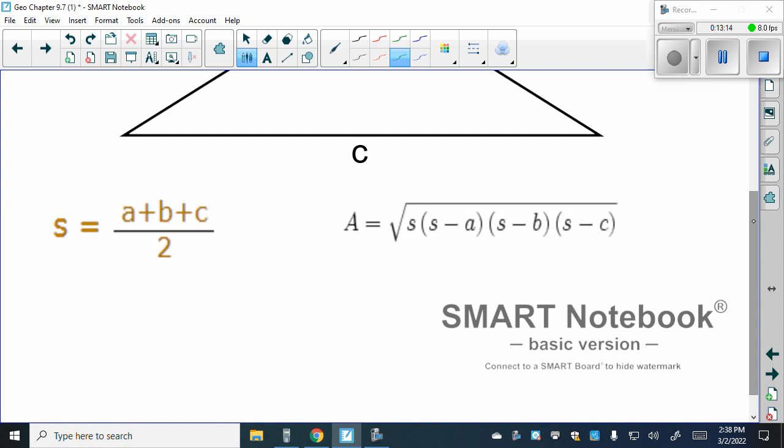And then the formula itself is S times S minus A times S minus B times S minus C, and we take the square root of it.